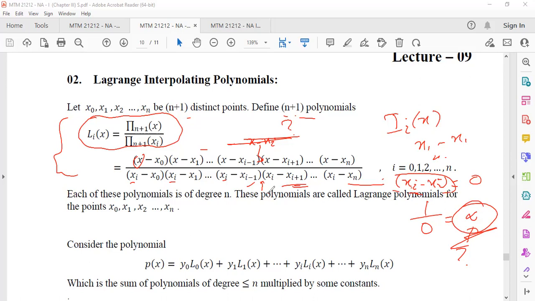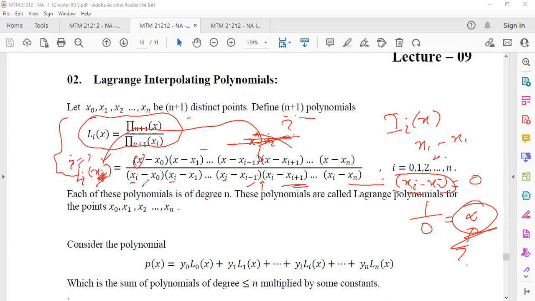Also in the numerator, the same terms, x minus xi, won't come. Why? Because that xi only we are going to put here. For the first one, L1, I'm going to use my xi. The x is there anyway, but here I'm going to use x1 if i is equal to, for example, 1.